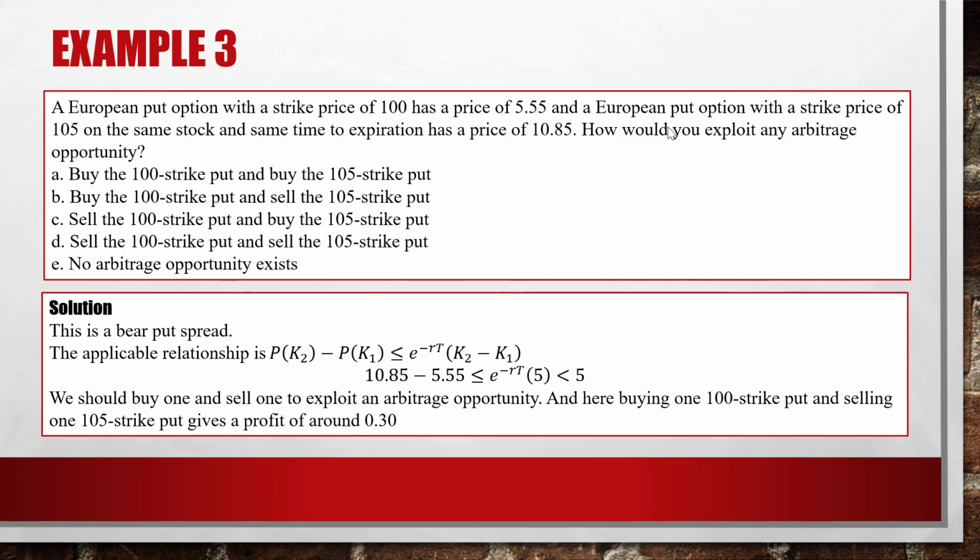Here you see that the price of the strike K2 put is 10.85 and the price of the K1 put is 5.55. The difference between the two strikes is 5. T here is not given, but we know that e to the minus rT times 5 should be less than 5, because e to the power of a negative number is less than 1.